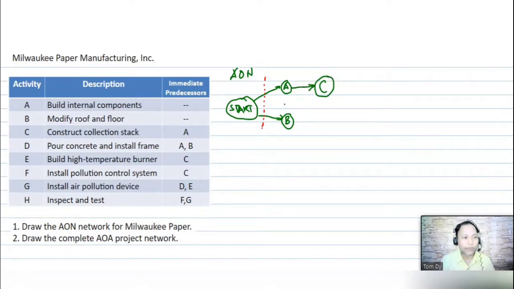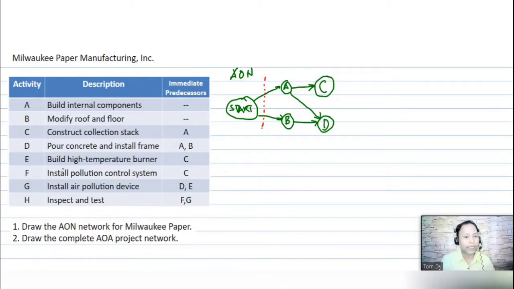And then we have activity D, that is after A and B. So I will write here activity D, and draw an arrow from A and B connecting to D. That means you cannot start activity D if A and B are not yet finished.